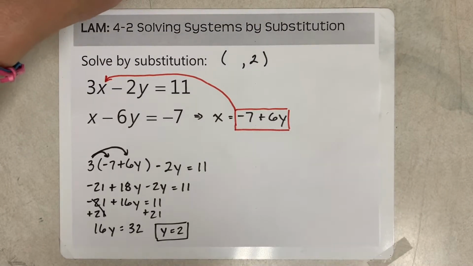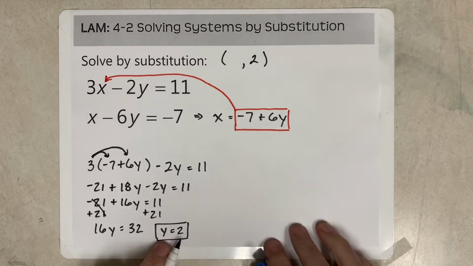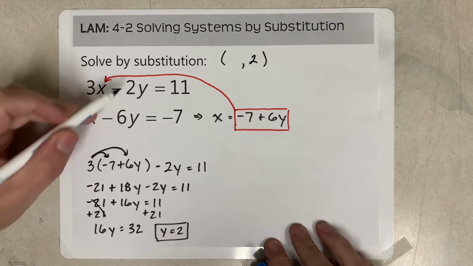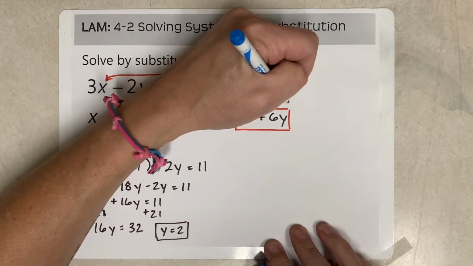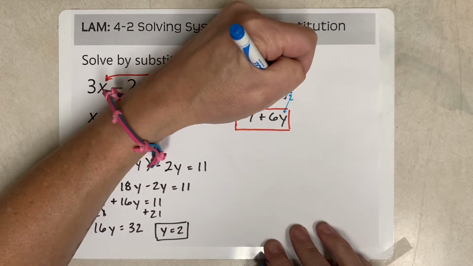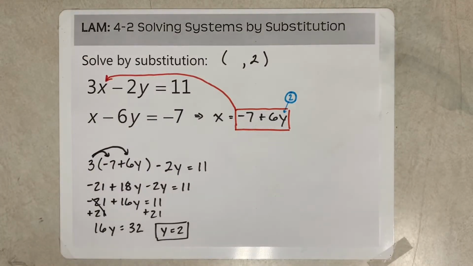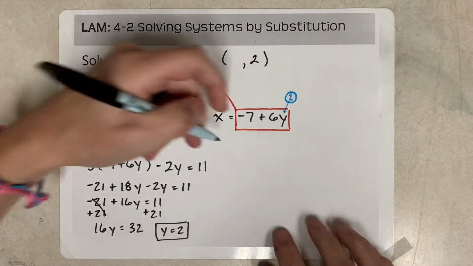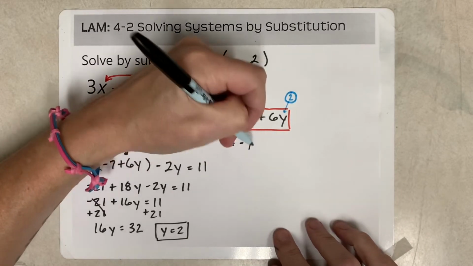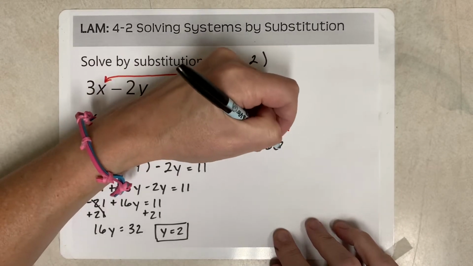Now, if y is 2, we're going to take that y value and plug it in either here, or we can even plug it in for that y right there, which may actually be easier. And when you plug in that y value, you're now going to get your x coordinate. So the x coordinate is -7 plus 6 times 2.